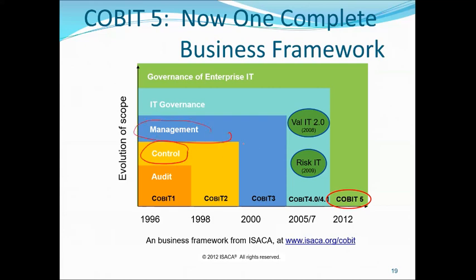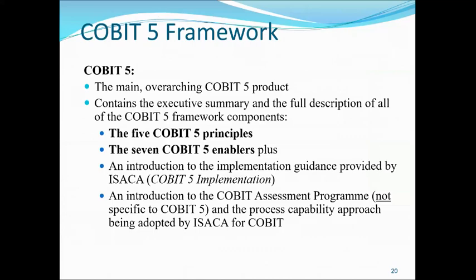COBIT 3 added the management. COBIT 4 added IT governance. COBIT 5 covers governance and enterprise IT. This is how it has evolved. Now let's look at COBIT 5.